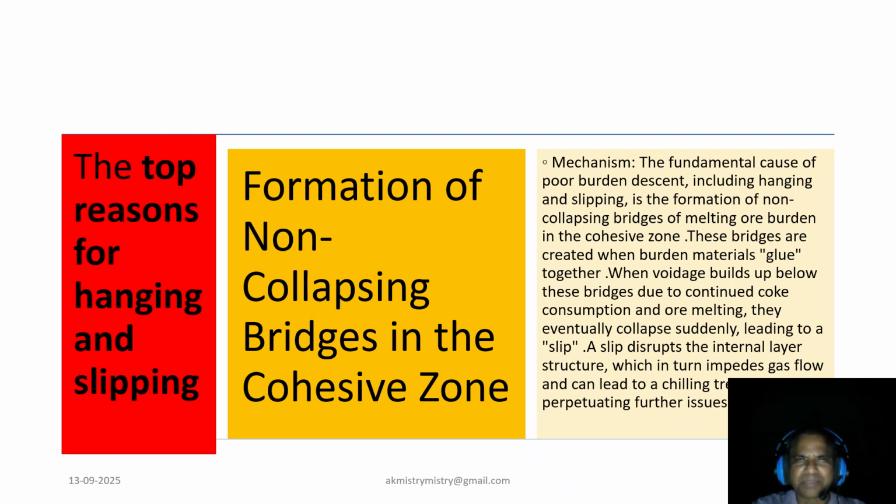This disrupts the internal layer structure absolutely, and the shift person, the operator, has to configure each layer right from scratch. This disrupts the internal layer and impedes gas flow, potentially causing even an extreme situation of chilling short of trend also.